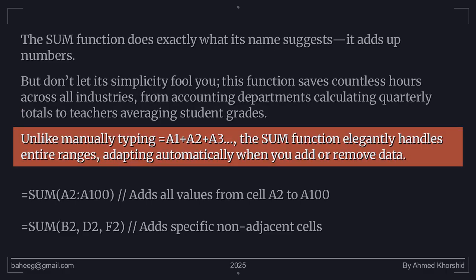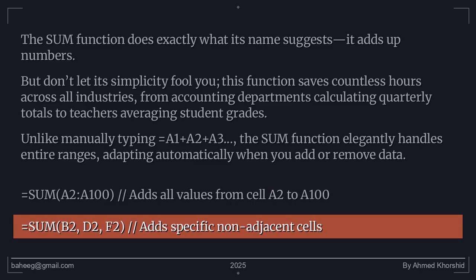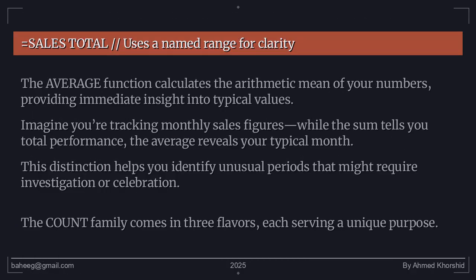Unlike manually typing =A1+A2+A3, the SUM function elegantly handles entire ranges, adapting automatically when you add or remove data. =SUM(A2:A100) adds all values from cell A2 to A100. =SUM(B2,D2,F2) adds specific non-adjacent cells. =SUM(SalesTotal) uses a named range for clarity.